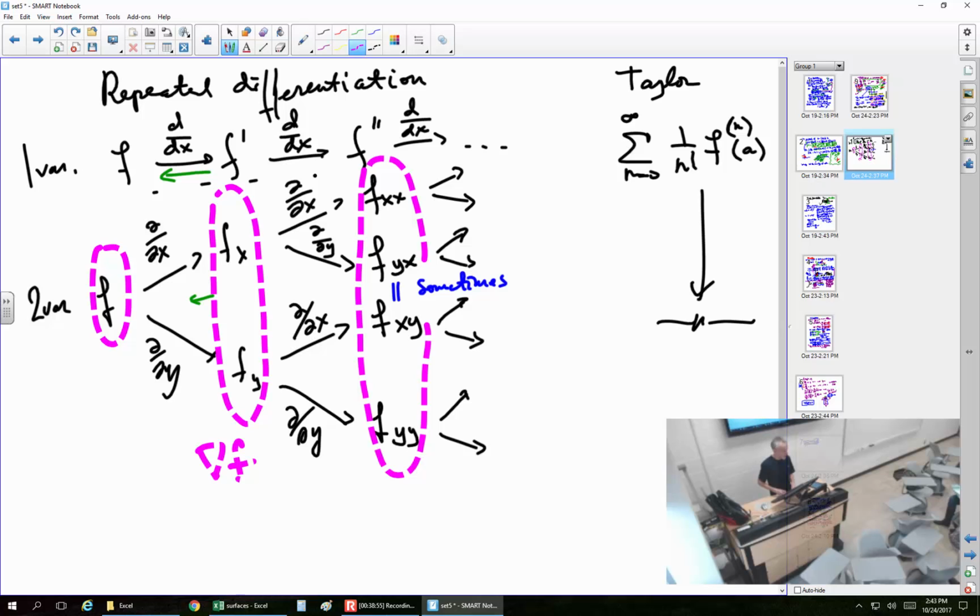The output is a vector. A function of two variables is a real valued function. So the input is a vector, but the output is a number. This new function is vector valued, something that we haven't discussed yet, because this function has a vector as input, and the output is also a vector. So that's a vector field.